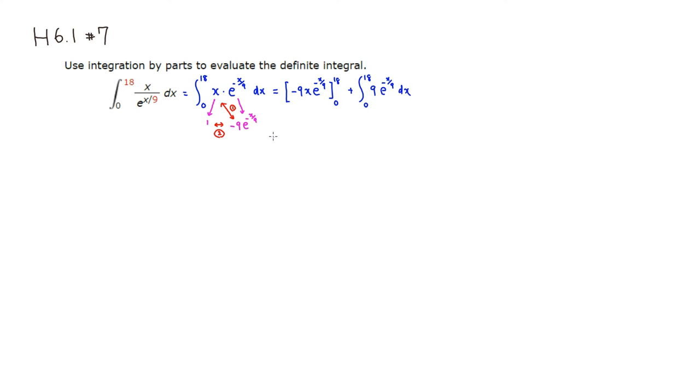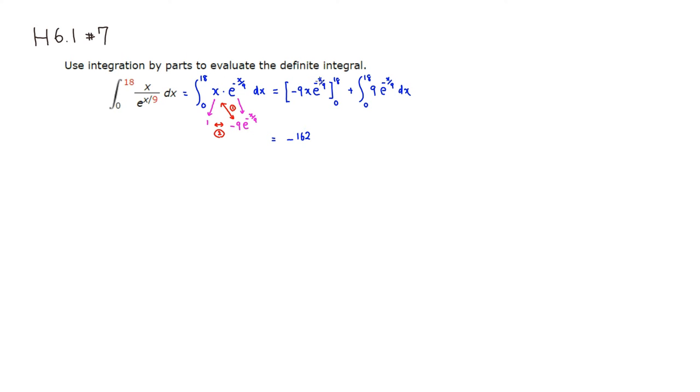Then this is going to be equal to, plug in 18 here, so it's a negative. 9 times 18: 9 times 8 is 72, and 9 times 1 is 9, so it's 162.